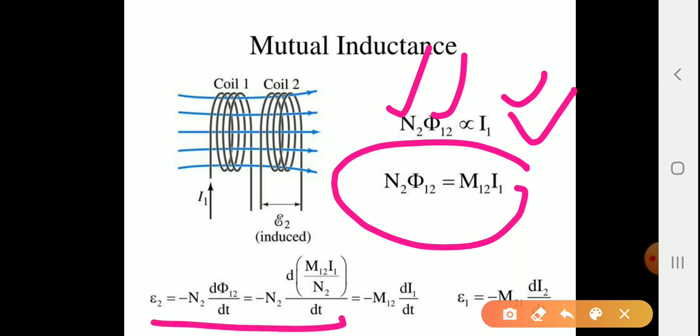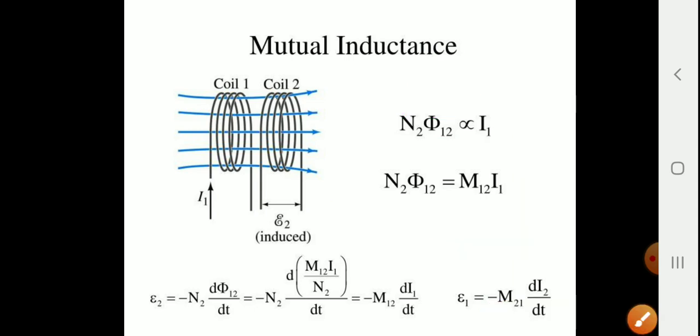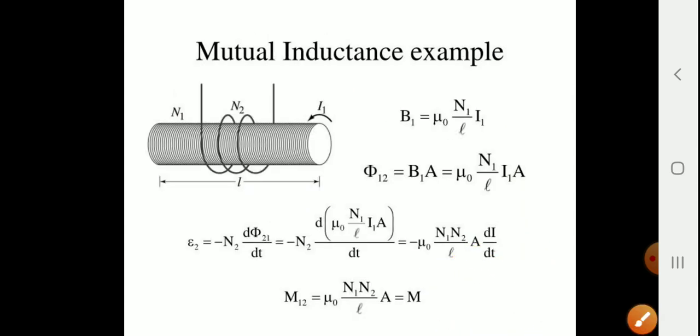The EMF E1 equal to minus M21 di2 upon dt. This is the complete expression of mutual inductance.